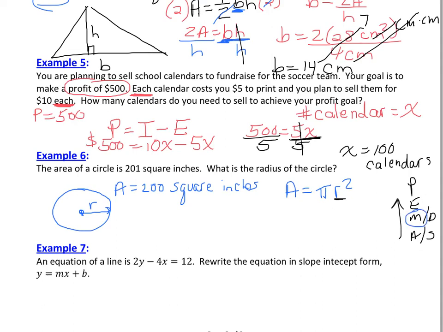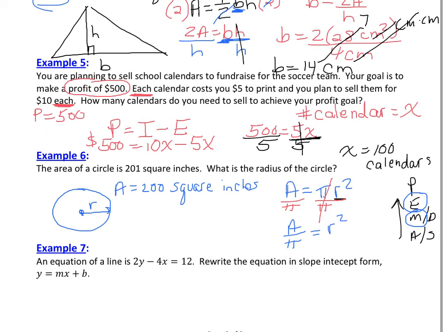We're at this level. And that square there is an exponent, so that's at this level. So we're going to undo the multiplication first, and we undo multiplication with division. So the pi's cancel over here, so we have area divided by pi equals r squared.